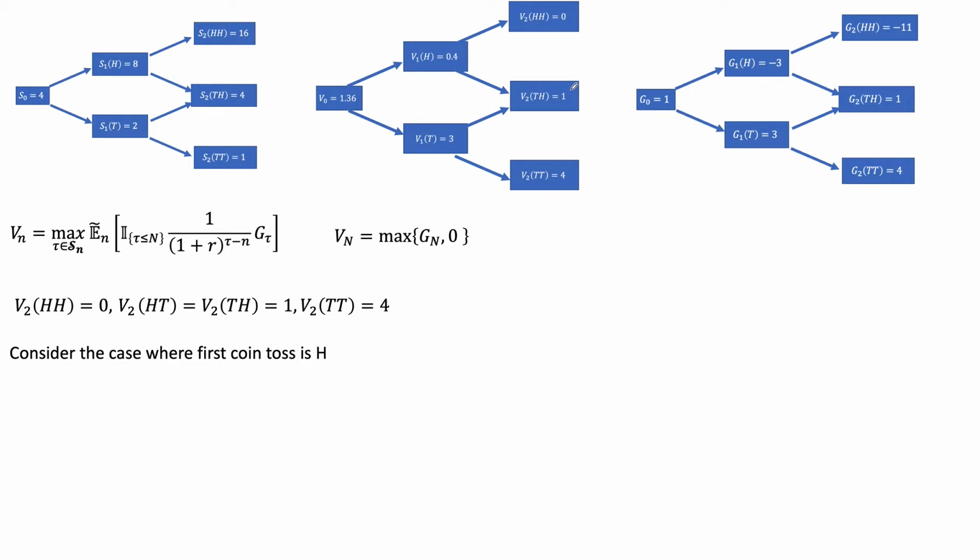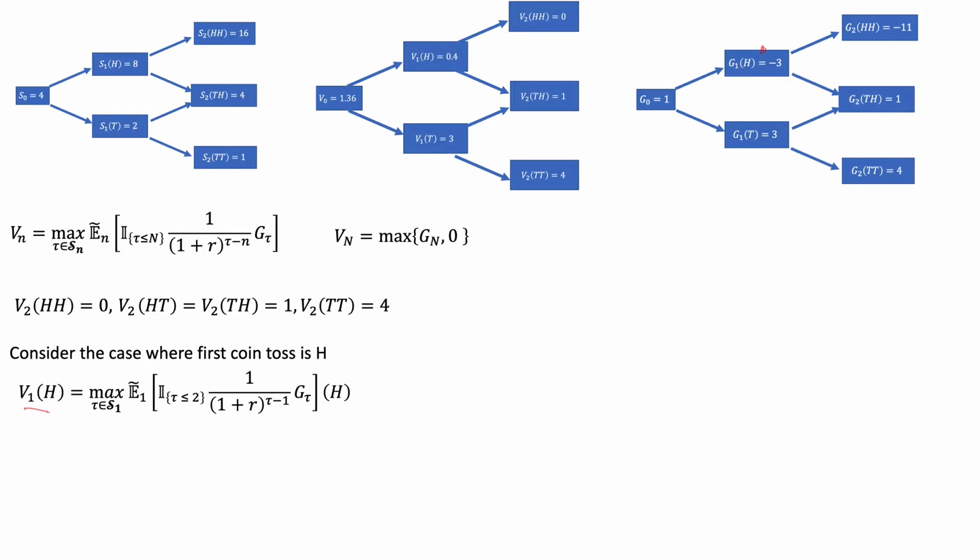Now, consider the case where the first coin toss is a head. If the first coin toss is a head, that means we're at this node here. Okay. So to find the value at time 1, we need to use this relationship here.